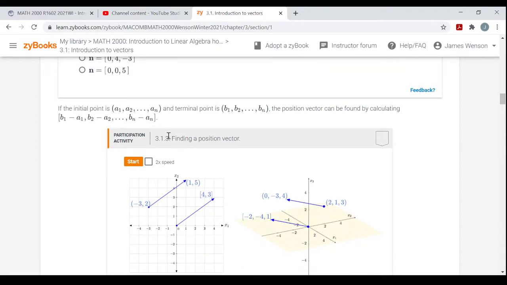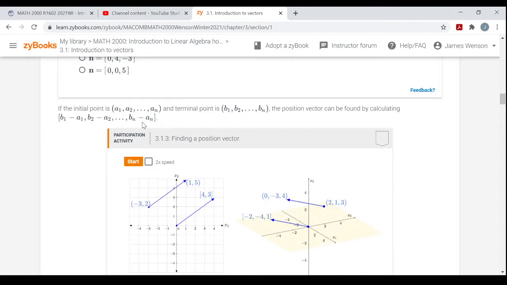All right, and then if you're given an initial point and a terminal point, so far I've been given the components of the vectors. But what if you're given just the initial point and the terminal point? The components are very easy to find. You just subtract all the initial point values from the terminal point values. So you see it's b1 minus a1, b2 minus a2 for each of the components of the vector.